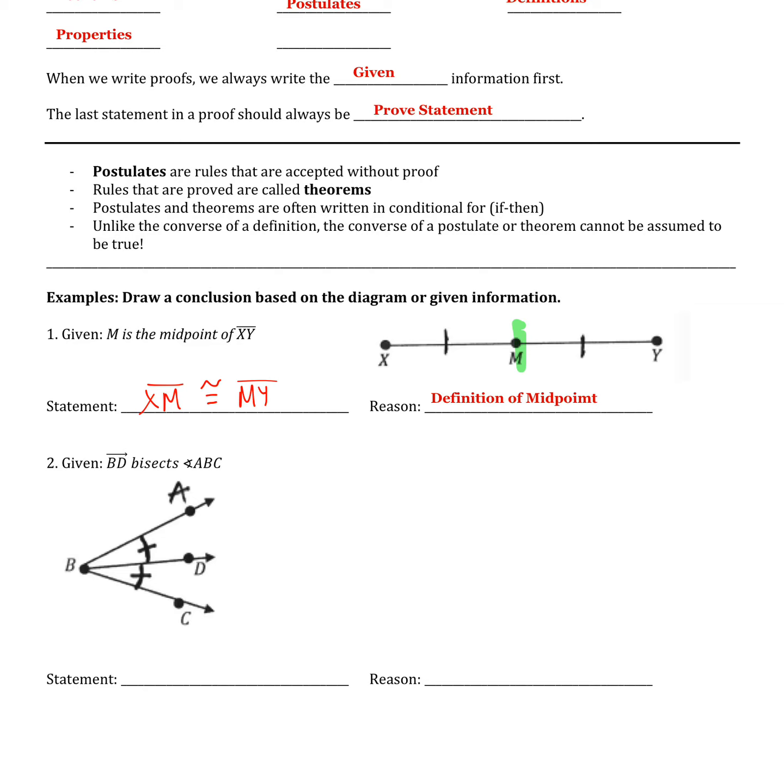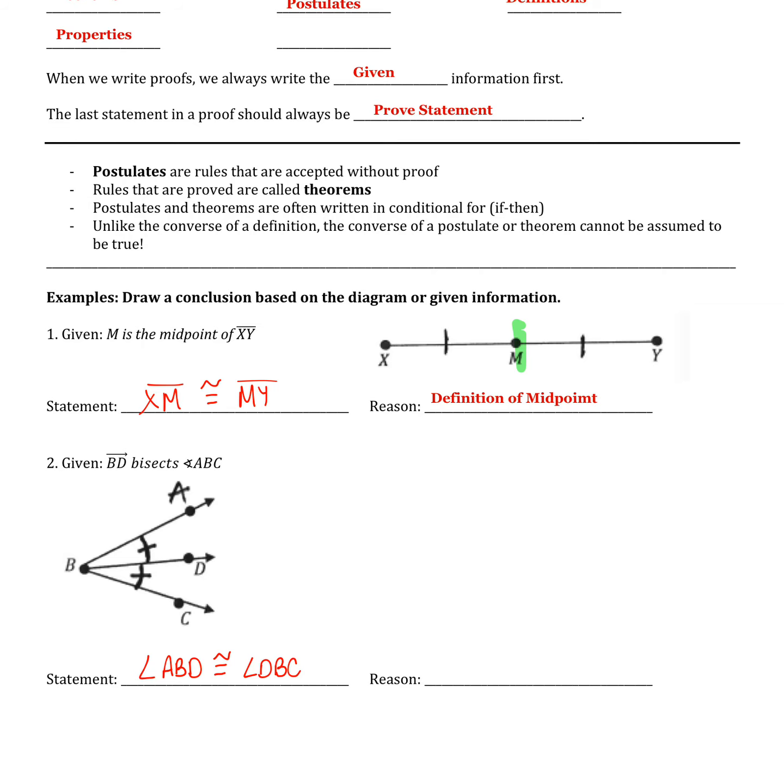They gave us that BD bisects, which means cuts in half, angle ABC. So because it's cut in half, much like our midpoint, we know that angle ABD is congruent to angle DBC.